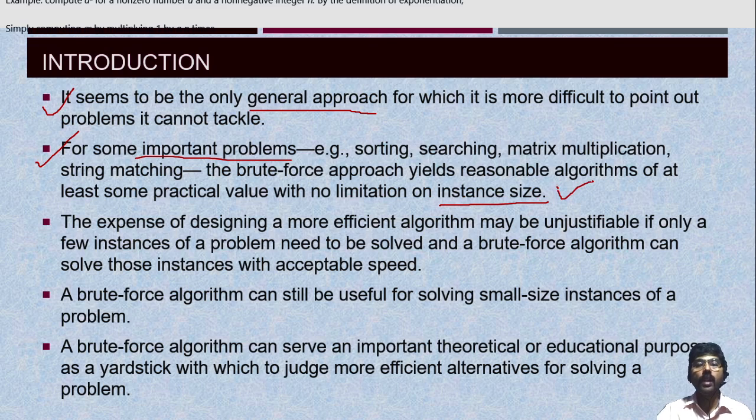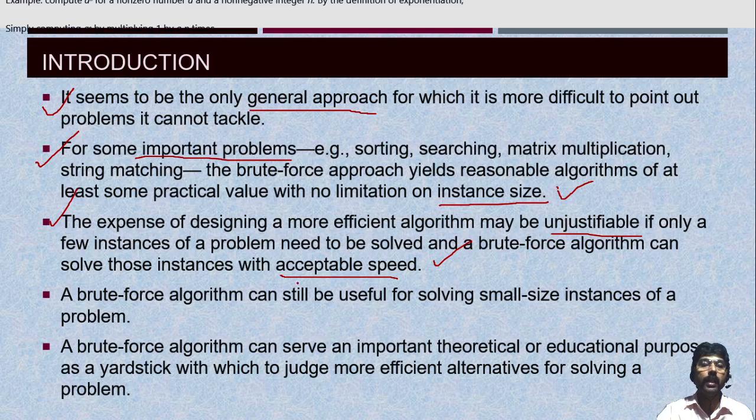Whenever the input size is large, still that brute force technique works most of the times. Third one is the expense of designing a more efficient algorithm may be unjustifiable if only few instances of problems need to be solved, and brute force algorithms can solve these instances with acceptable speed.